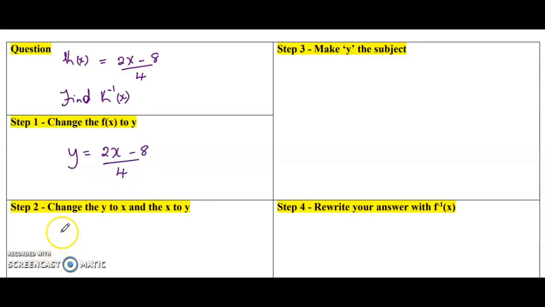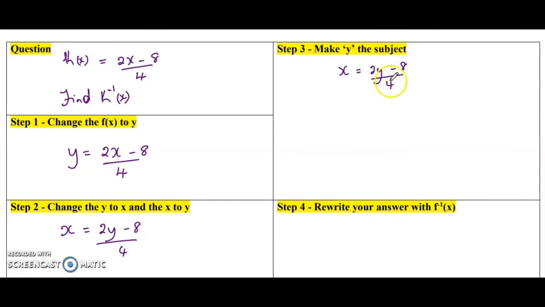And the next thing, I'm going to change all my y to x and all my x to y. So I'm going to have x is equal to 2y minus 8 divided by 4. I'm going to go over to step 3, and I'm going to make y the subject. So we have x is equal to 2y minus 8 divided by 4.